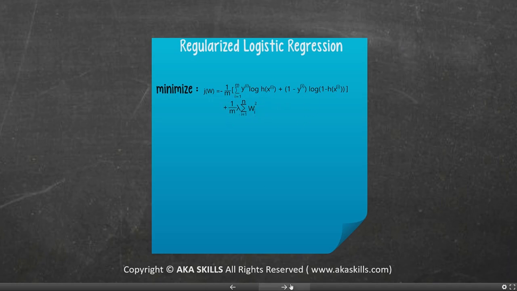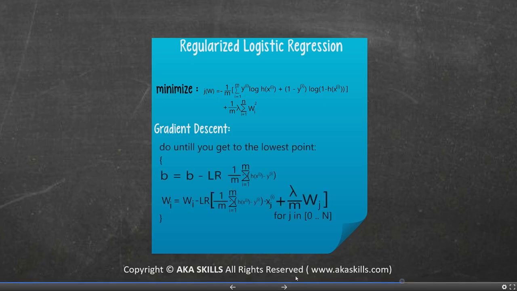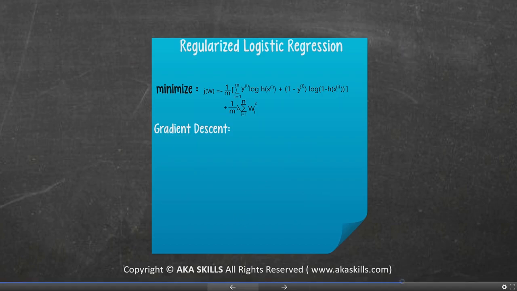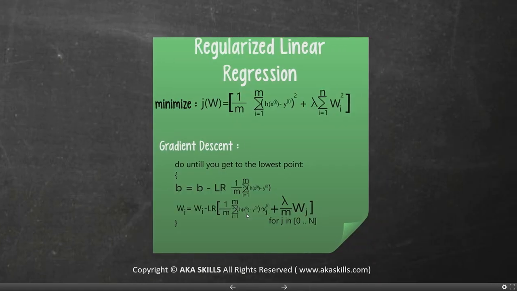So we just add it, and the gradient descent is exactly like the linear regression, but as you know, this is the sigmoid function of wx plus b, and here in linear regression it's just our hypothesis function, whatever it is, whether quadratic or even a polynomial with a big dimension.